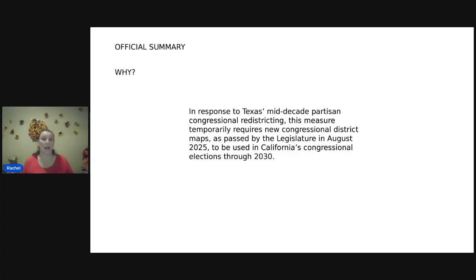So let's go ahead and talk about why it's here. In response to Texas's mid-decade partisan congressional redistricting, this measure temporarily requires new congressional district maps, as passed by the legislature in August of 2025, to be used in California's congressional elections through 2030.